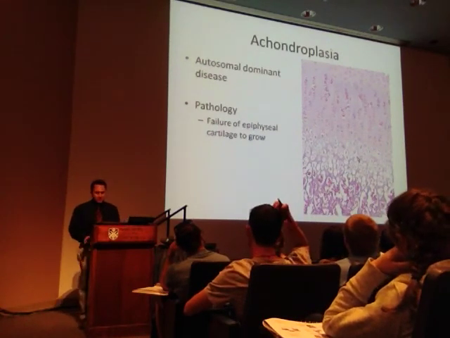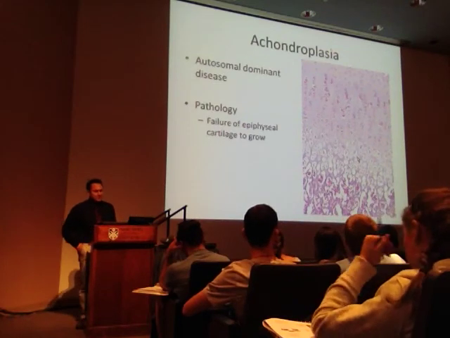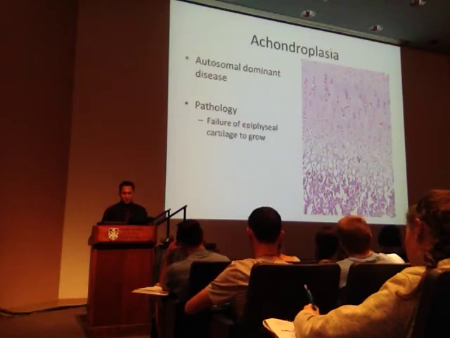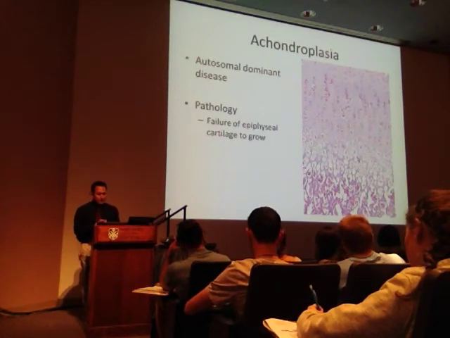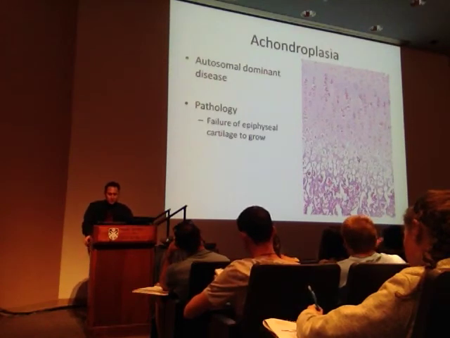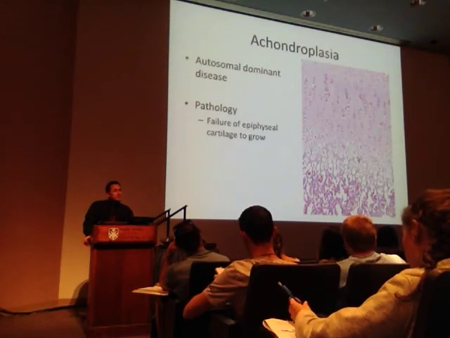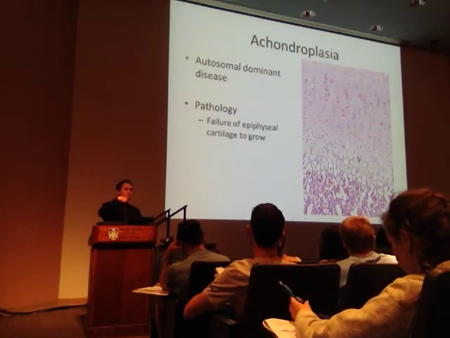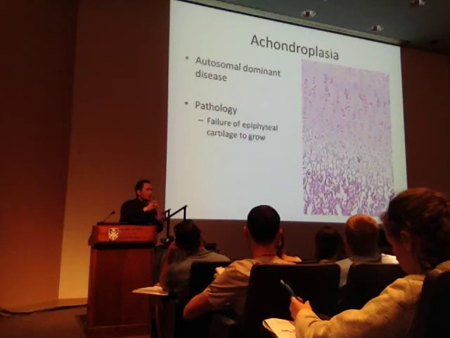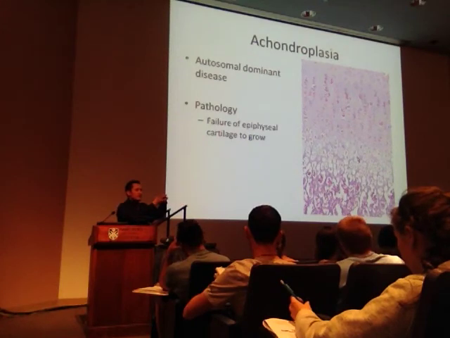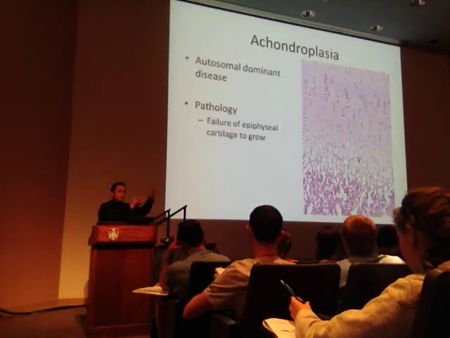There's a mutation on the fibroblast growth factor receptor, and this is happening at the growth plate. What happens is there's a failure of proliferation of the cartilage. So the chondrocytes in the growth plate aren't responding to fibroblast growth factor, which causes them to divide. If you don't get more cartilage proliferating, you don't have as many cells to get larger, and you don't have as many to form bone.